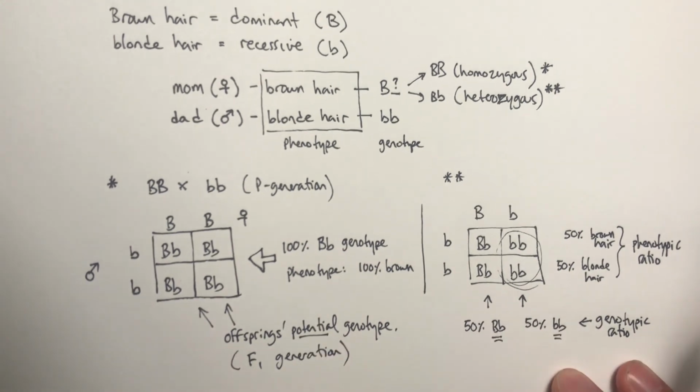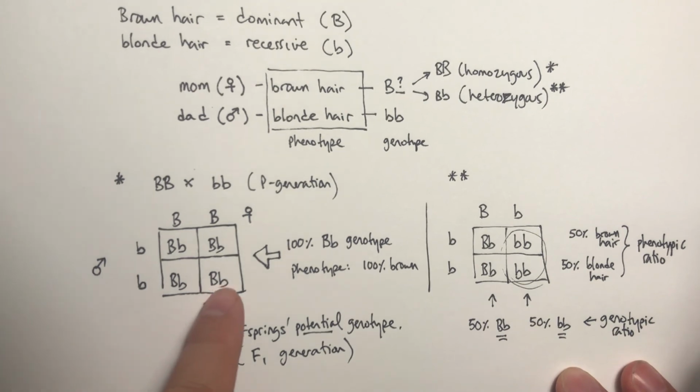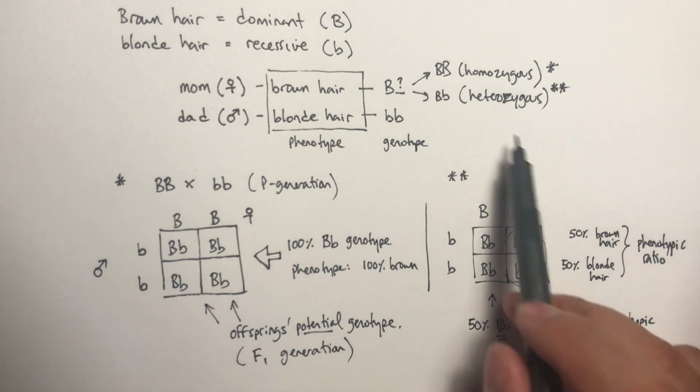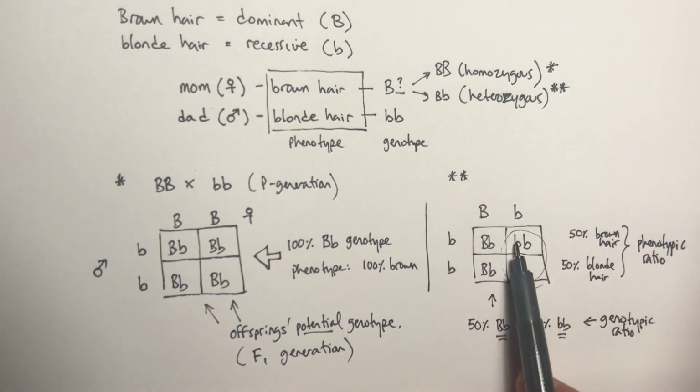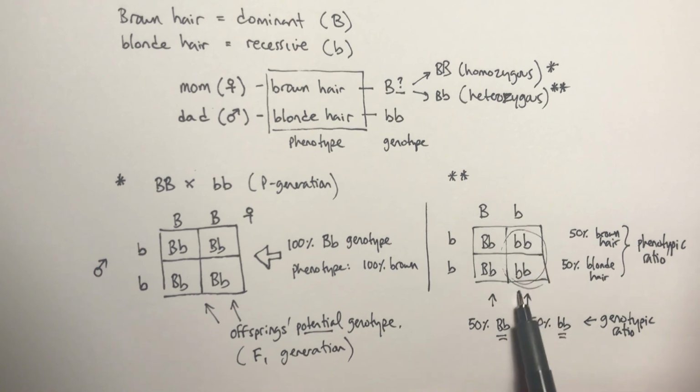So in the first situation, the genotypic ratio and phenotypic ratio, they're both 100% brown, and they're both 100% big B, small b. But because the mom in this second scenario is heterozygous, we now see that the children could potentially be blonde.